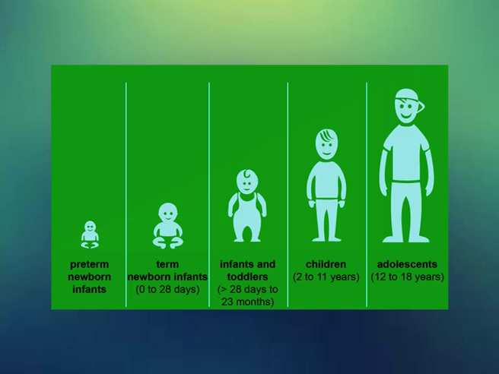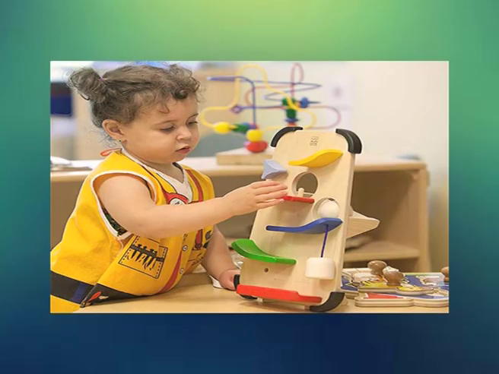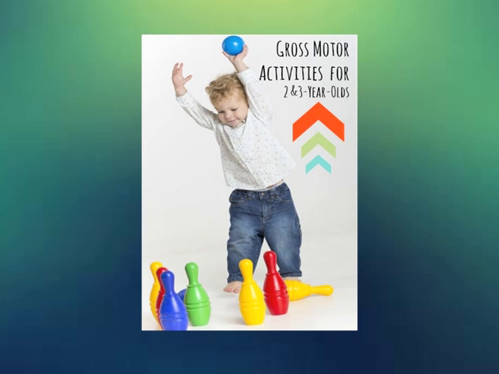In this way, maturation involves changes that are associated with the normal growth of a person. Changes in the brain and nervous system account largely for maturation. These changes in the brain and nervous system help children to improve in thinking, that is, in their cognition, and motor, that is, their physical skills.